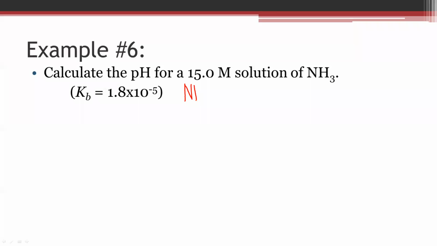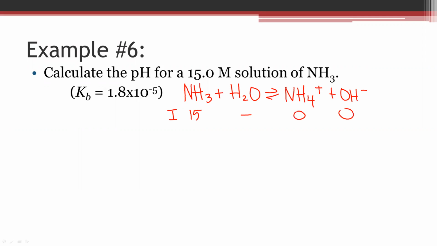So the ammonia plus water makes the NH4 plus and hydroxide. Okay, and initially we have 15 molar for the NH3, nothing for the other two.